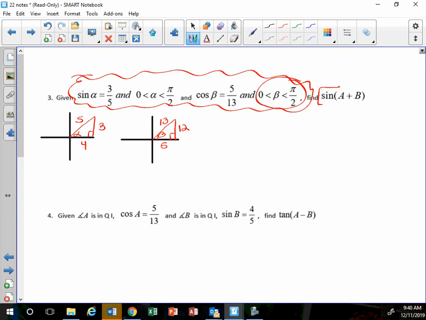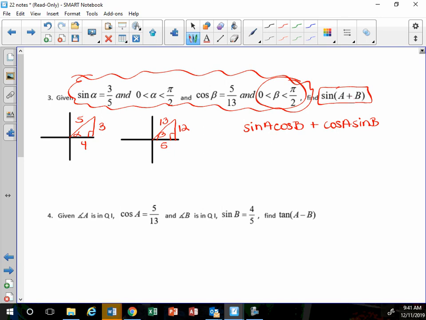Then we can evaluate what it asks me for here, sine of a plus b. If I write that with my formula, that would be sine of a cosine of b plus cosine of a times sine of b. Can you look at your 2 triangles now and fill in what those values would be? And instead of alpha and beta, should we use A and B?